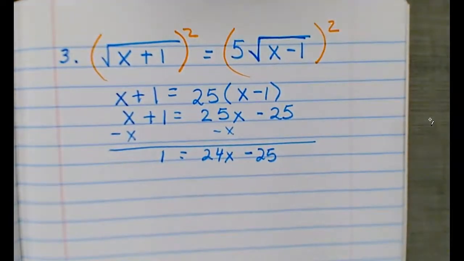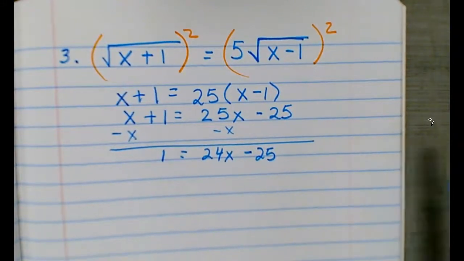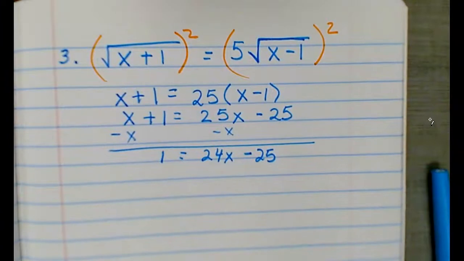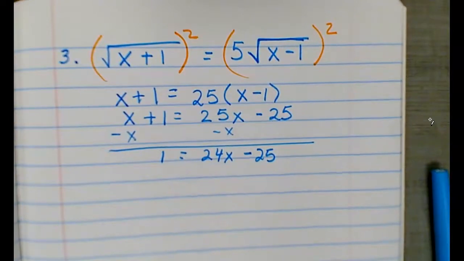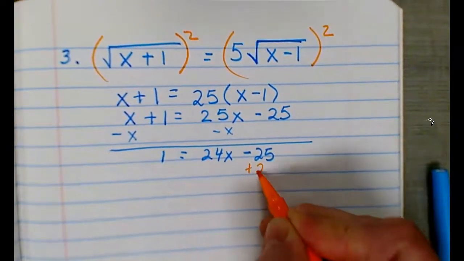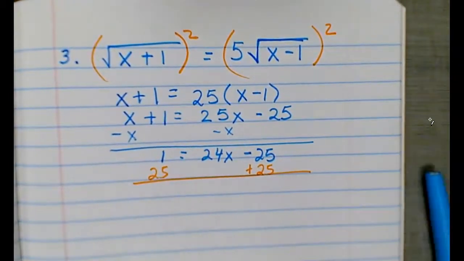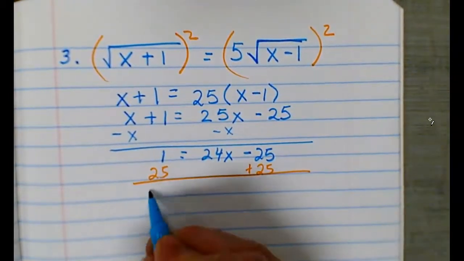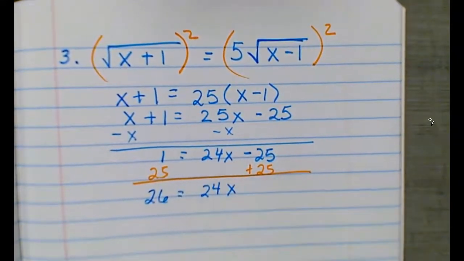I didn't make any sign mistake there, did I? And so why am I going to say this is ugly? What am I going to have to do next? It's already subtracted. What's the opposite? And so this is going to be 26 equals 24x.